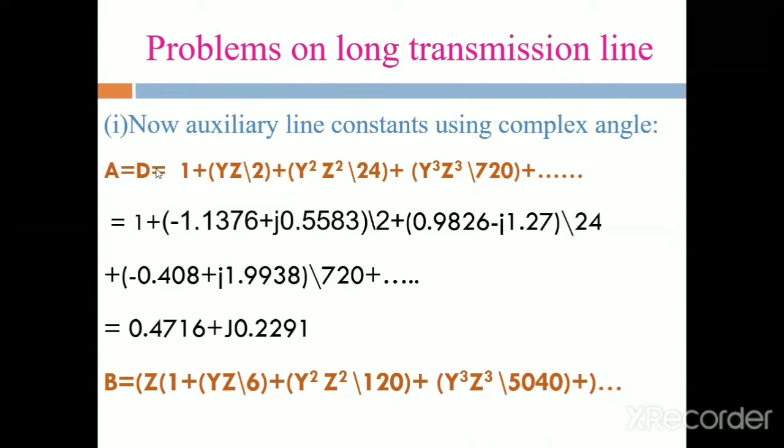A is equal to D is equal to 1 plus YZ by 2 plus Y square Z square by 24 plus Y cube Z cube by 720 plus and so on.